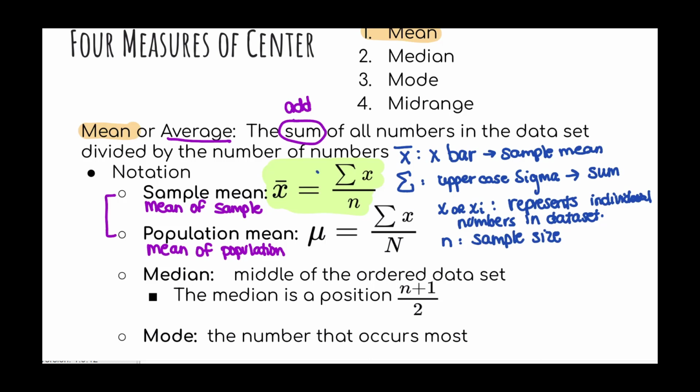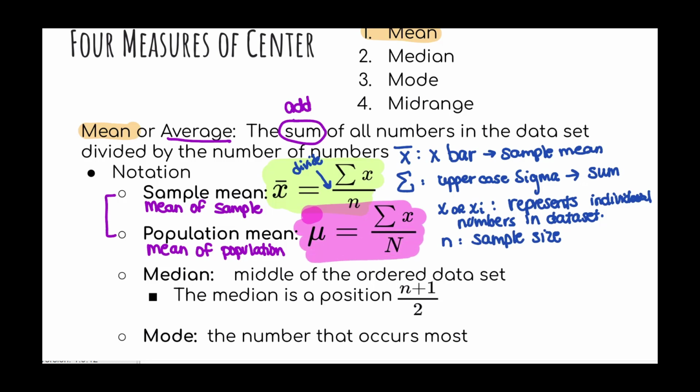I did want to make sure that everybody knows that a fraction bar means divide if you didn't know that already. So what this formula, the whole thing is telling you to find the sample mean, it means add up each number in the sample, add all the numbers in the sample together, and then divide by the number of numbers. Now, we move down to population mean, and you'll notice that the formula actually looks fairly similar to the formula above it for sample mean.